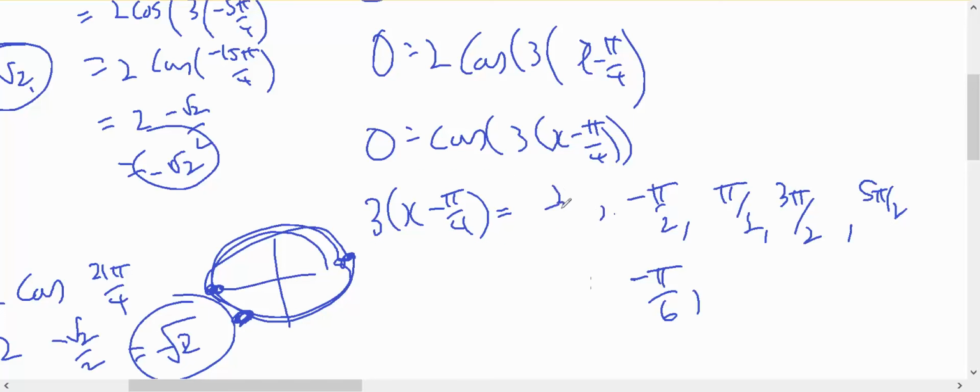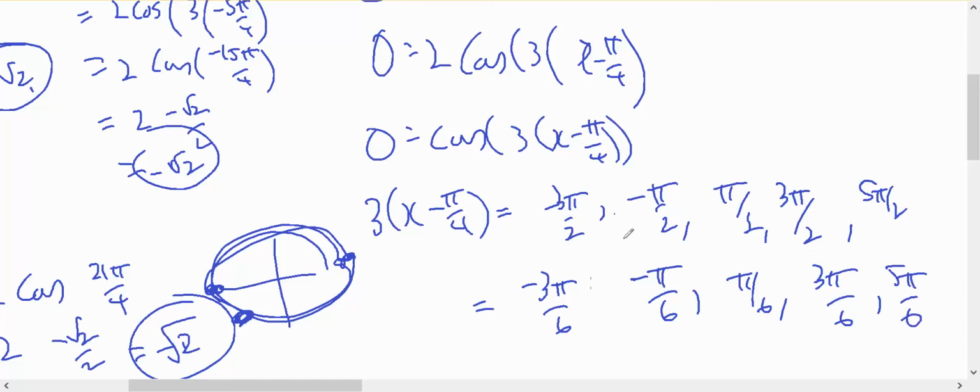So minus 3 pi on 2 as well, and that will be minus 3 pi on 6, pi on 6, 3 pi on 6, and 5 pi on 6. And that's what x minus pi on 4 is.